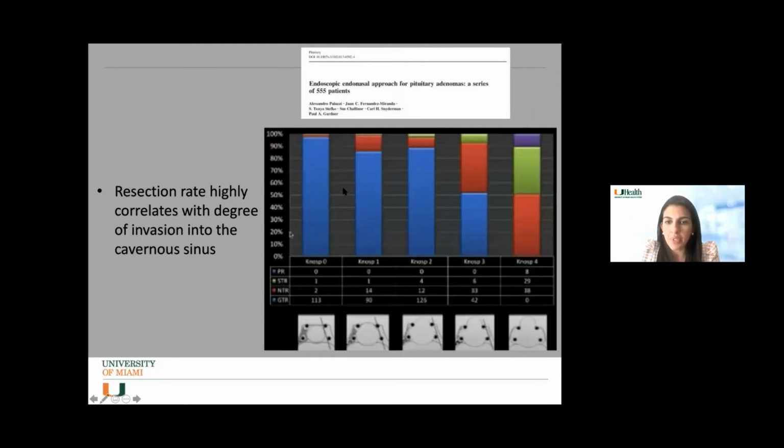Again, a study out of Pittsburgh showing that for the lower grade Knosp 1 and 2 tumors, you're able to get gross total resection, whereas that decreases. And we're talking here about the Knosp 4 grades, tumors that are really invading the lateral wall of the cavernous sinus. Then you're talking about involvement of the cranial nerves and possibly leaving the patient with an ophthalmoplegia, and also possibly carotid injury or invasion into the wall of the carotid.